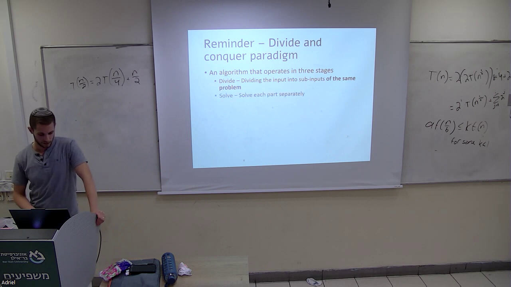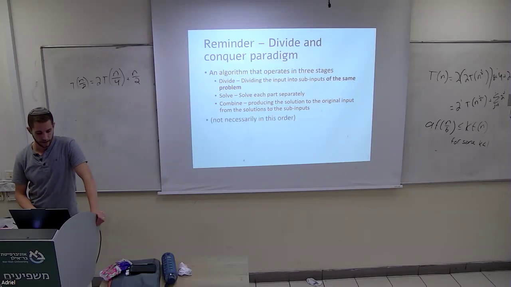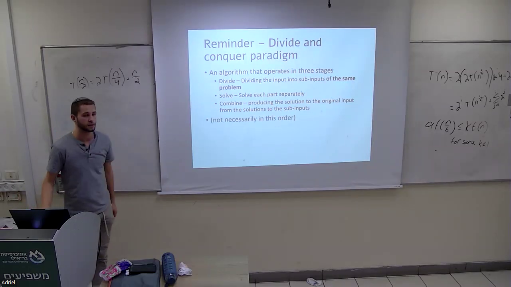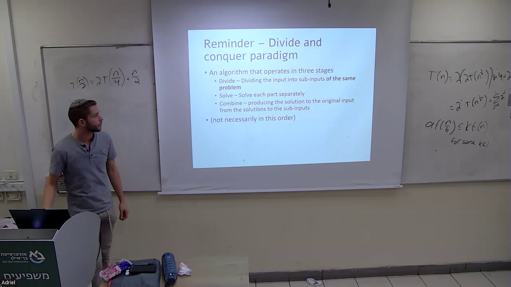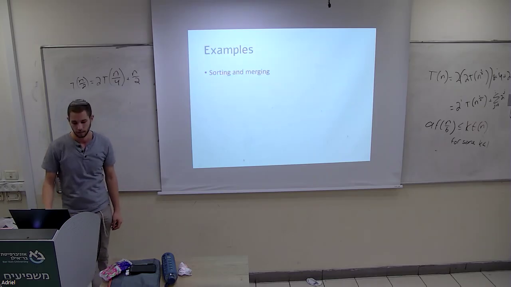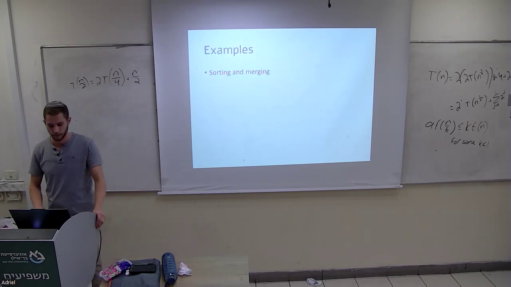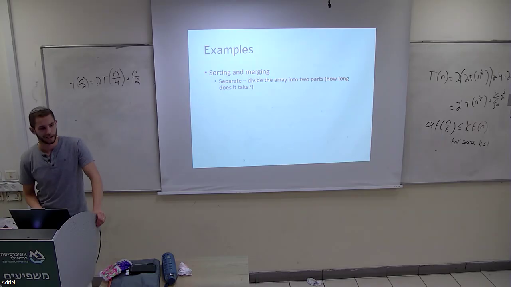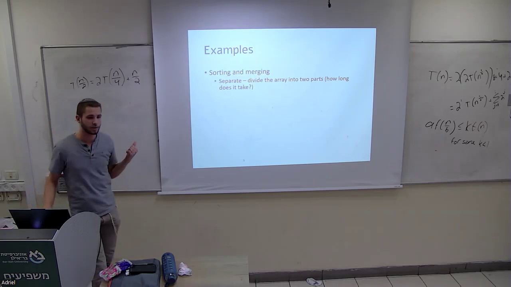So the divide and conquer paradigm is an algorithm that operates in 3 stages. We divide, we solve each individual problem, and then we combine, like I said. Not necessarily in this order. Sometimes we do it in other orders, but most of the time it's in this order. Example, sorting and merging. We didn't go over sorting yet, but that's the algorithm we saw in the recursion formulas.